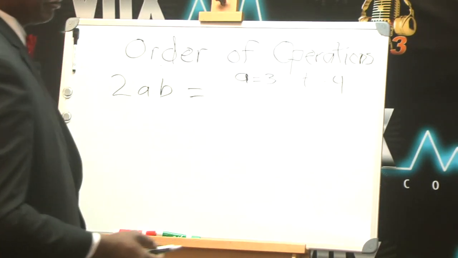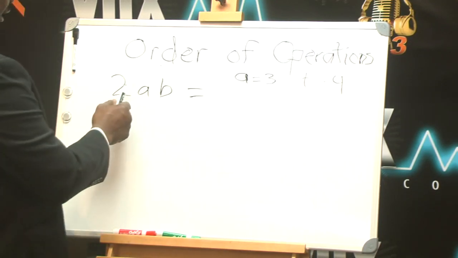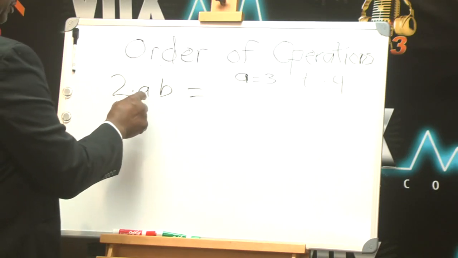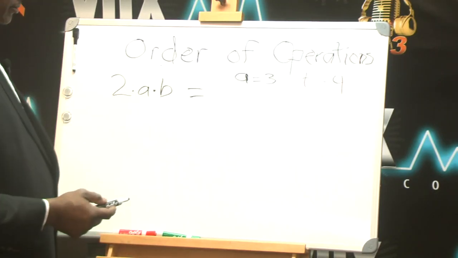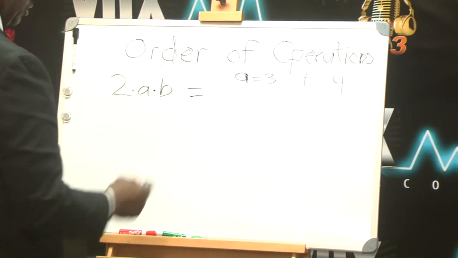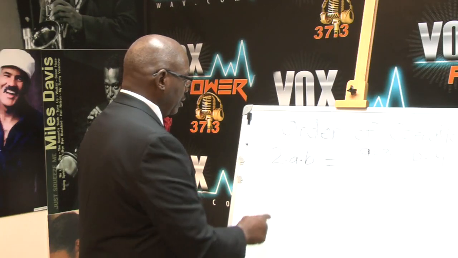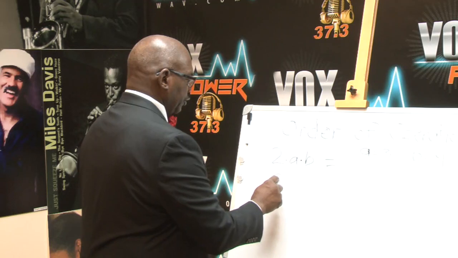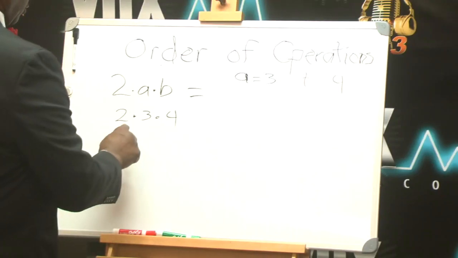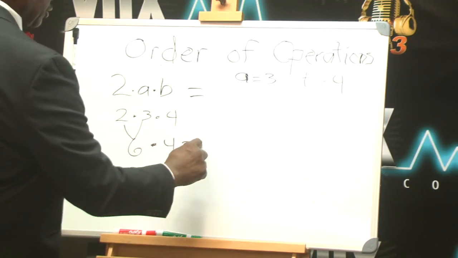And right now we're making this very simple. So then you come down, and again, when you have something written like this, even though you don't see it, it means multiply. Okay? So that's 2 times a times b equals. Now we know the value of a and b. So here we go. 2 times 3 times 4. 2 times 3 is 6 times 4 equals 24.